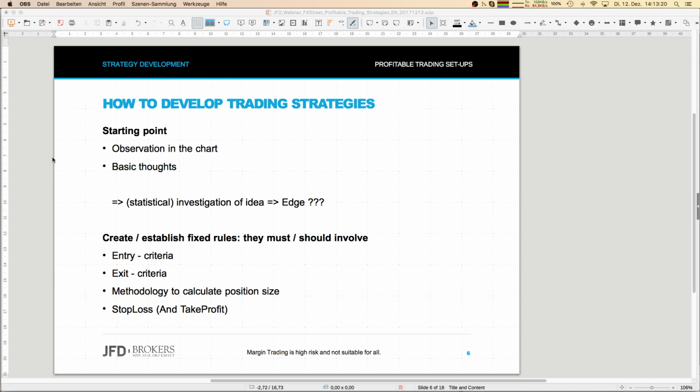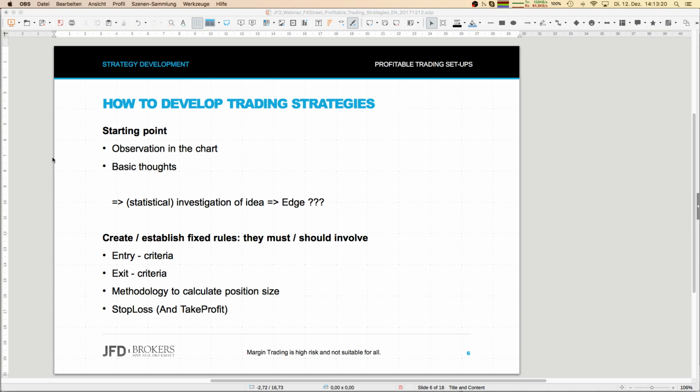So we need a clear idea of where to set the stop loss, a clear idea of what is the real entry criteria. 3 green candles might be enough as an entry criteria, but we need, for example, a stop loss. And what we need else is an exit criteria for our trade as well. So when should that trade come to an end?